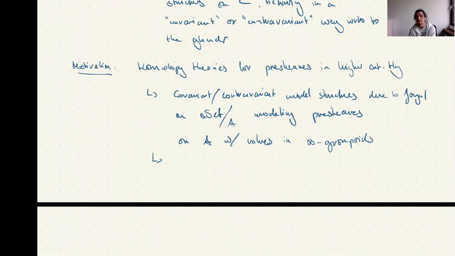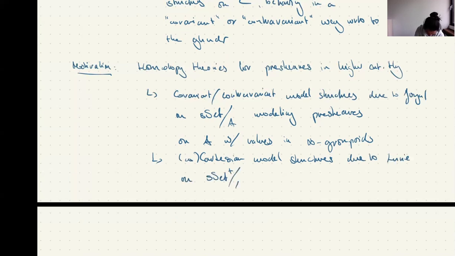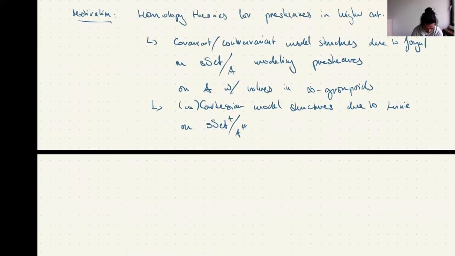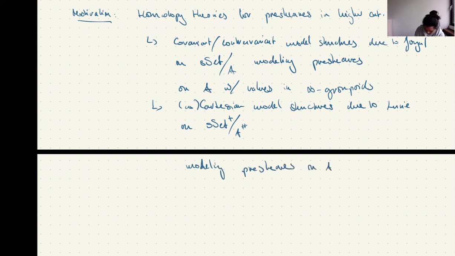And for the case of pre-sheaves with values in infinity categories, one studies the Cartesian and co-Cartesian model structures. These are due to Lurie, on marked simplicial sets. So they are modeling pre-sheaves on A with values in infinity categories.